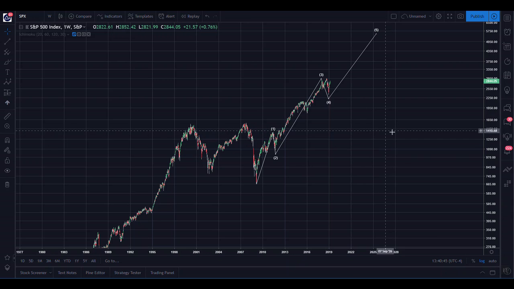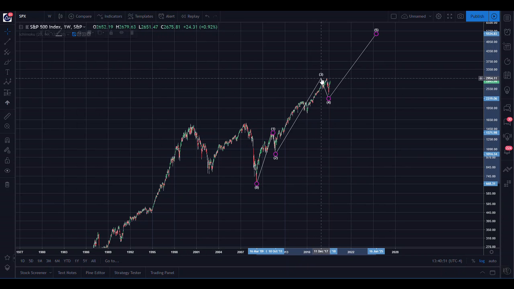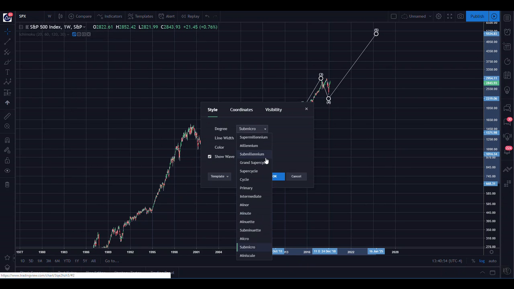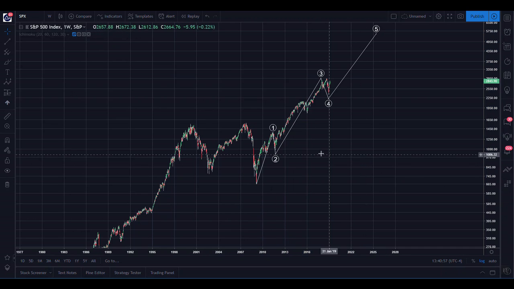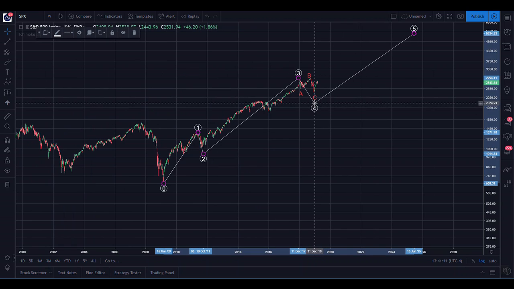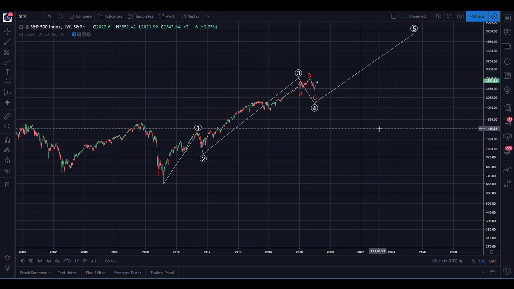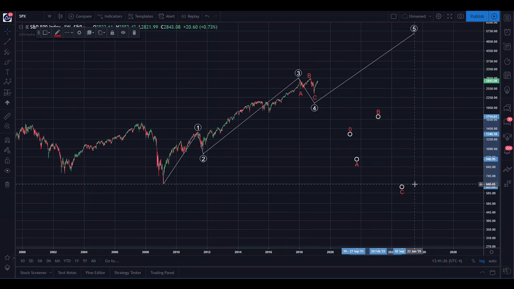And I think if this is the case, what you saw here was that expanded ABC. I got the degree of trend wrong. What we saw here were the ABC, expanded 4, like so. So, okay. So you have the ABC. What is an expanded flat in Elliott Wave? It's very easy. An expanded flat has it so that you have wave A, B, and C, a 3-wave swing.